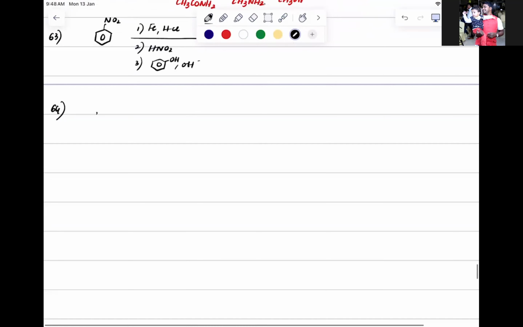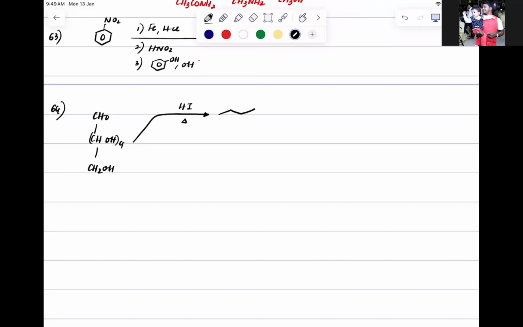64. Suppose I have CHO, then CHOH 4 moles connected with CH2OH, which means this is glucose. Glucose, if you react with HI and heat, then you will write n-hexane. Okay.